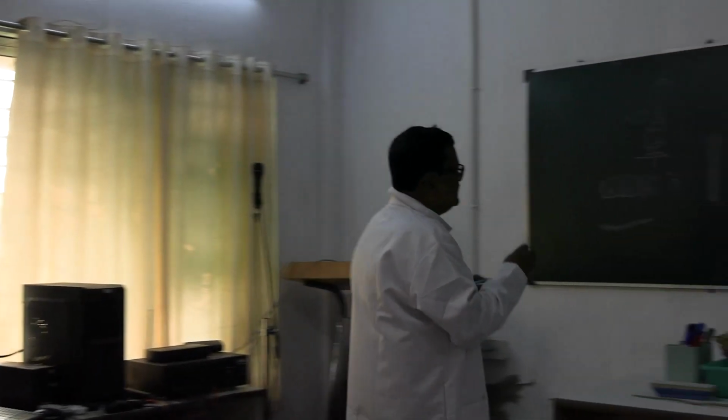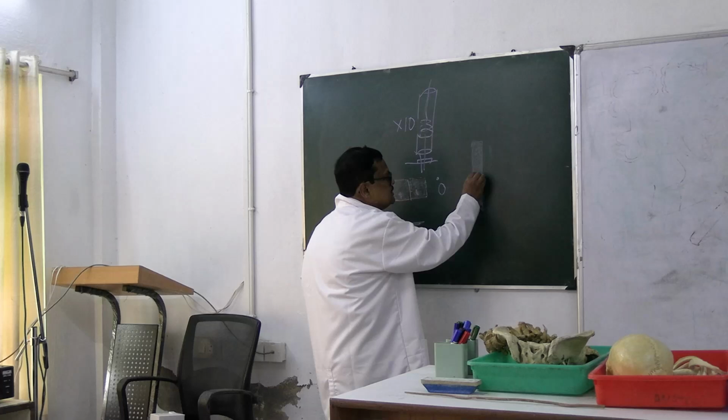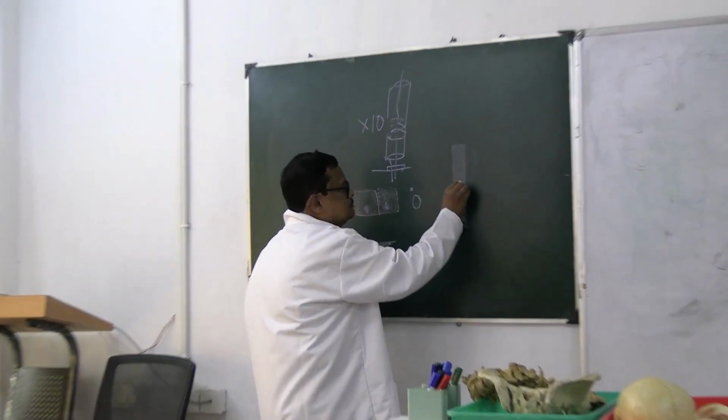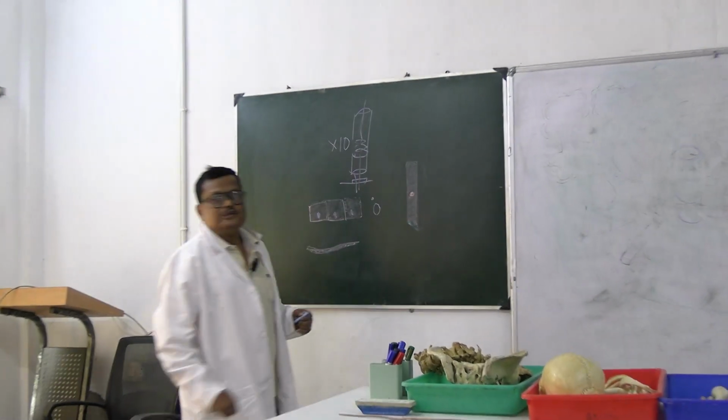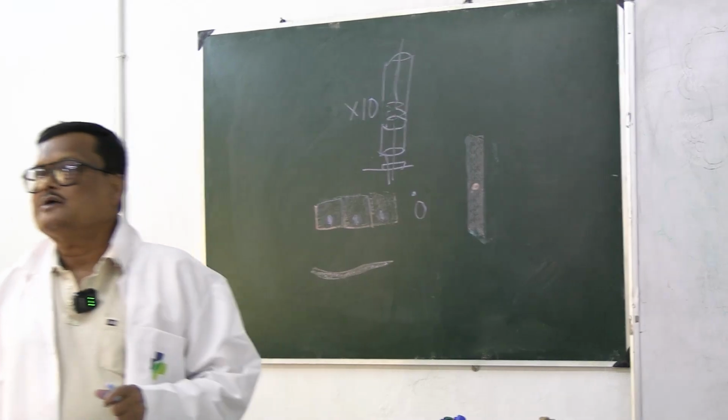Ossification means bone formation. There is a cartilaginous model, and based on this cartilaginous model the bone formation will start. Where? Here, in the mid part of this shaft area. First bone formation is started here.